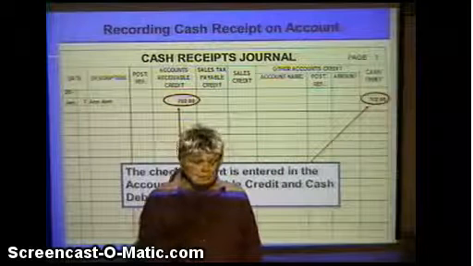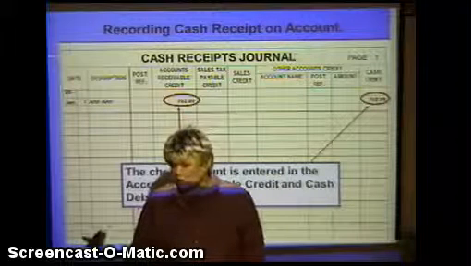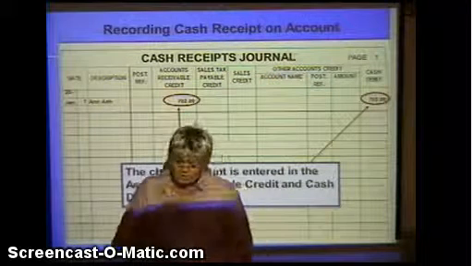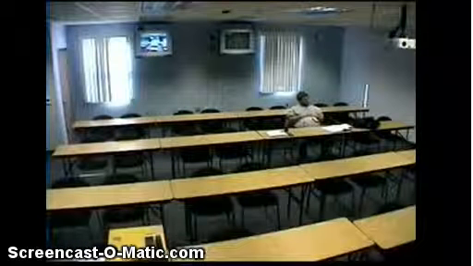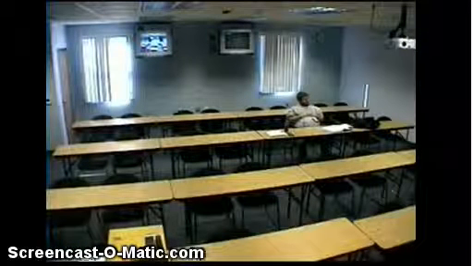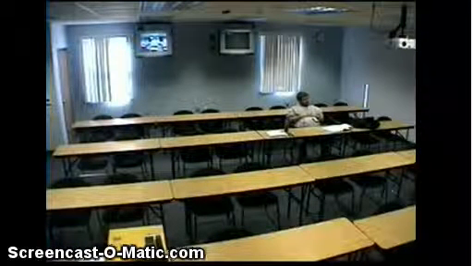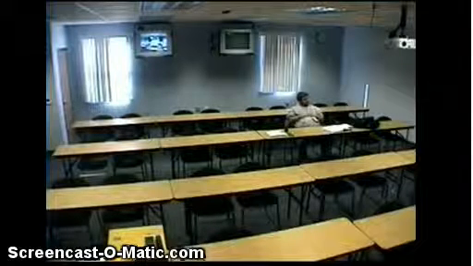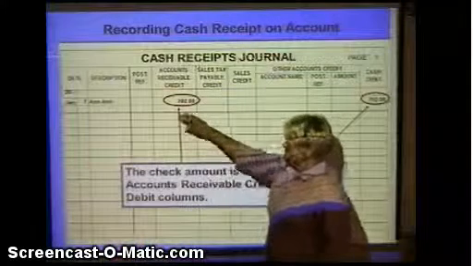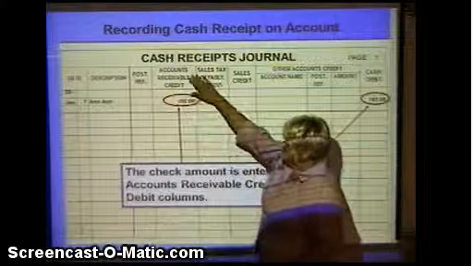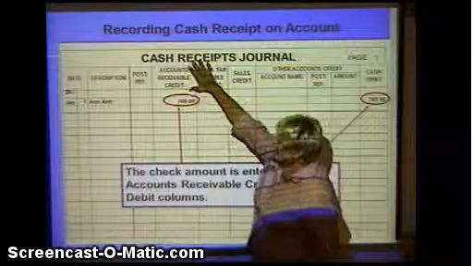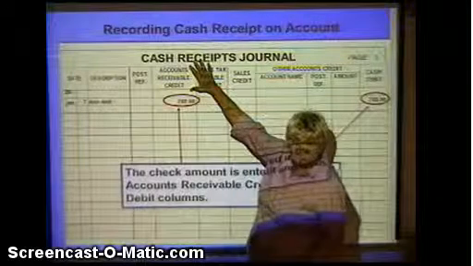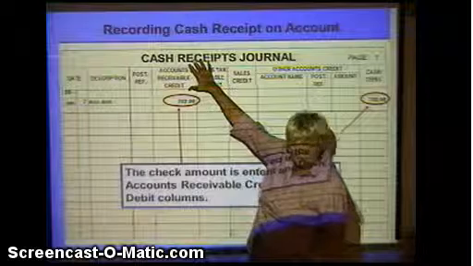I got it. So we post to the general ledger of accounts receivable credit and cash credit? Okay, in this instance, if this accounts receivable has a column name up here and it goes in a column, the total of that column is going to be posted at the end of the month. So you don't have to post to that column daily.